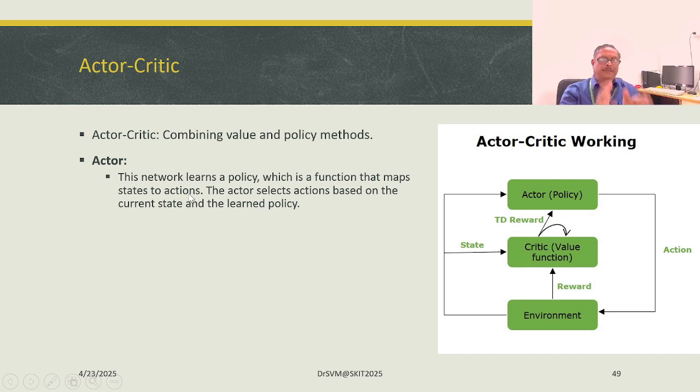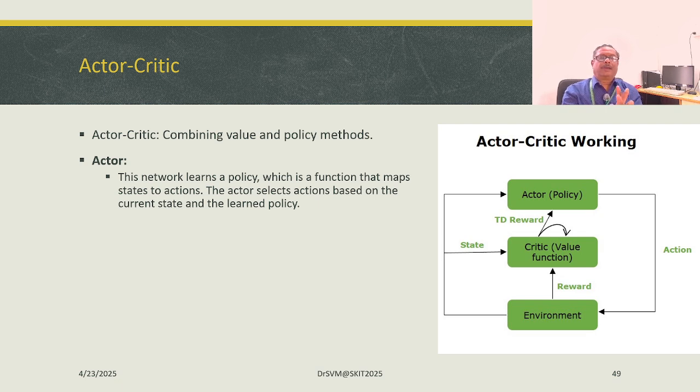So from every state, the action that can produce the best results. There is a mapping, and this mapping is what we call a policy. For any policy, from every state of the environment, we have identified, as of now, the best action. That's what we call a policy.